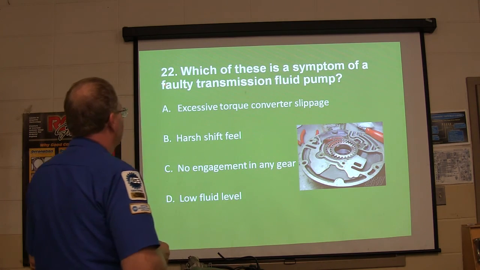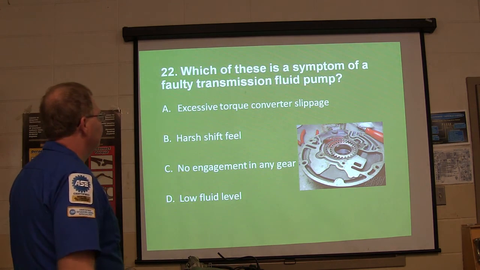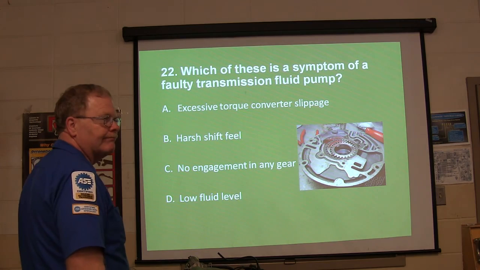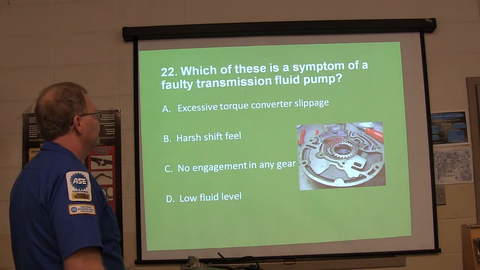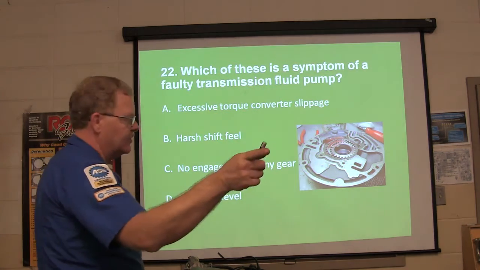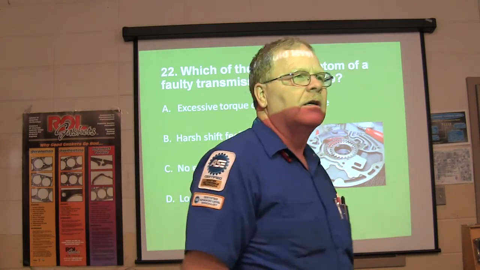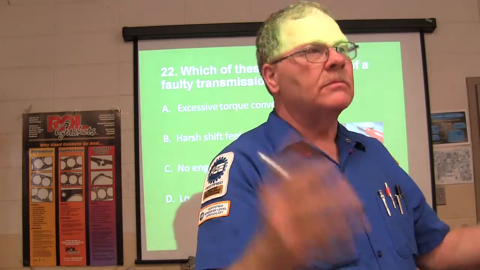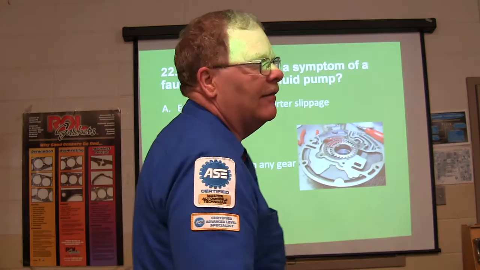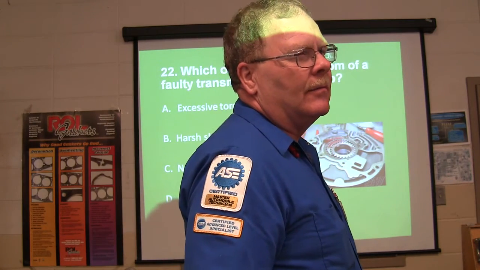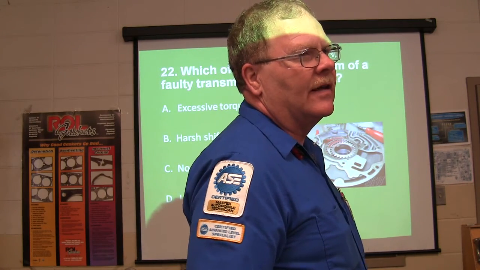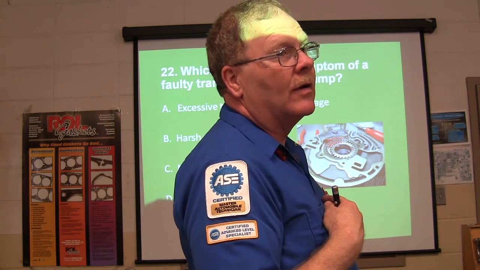Which of these is a symptom of a faulty transmission fluid pump? Low fluid. No engagement in any gear. Very good answer. If you got a bad pump, the first thing you're gonna think of is we've got no fluid pressure usually.